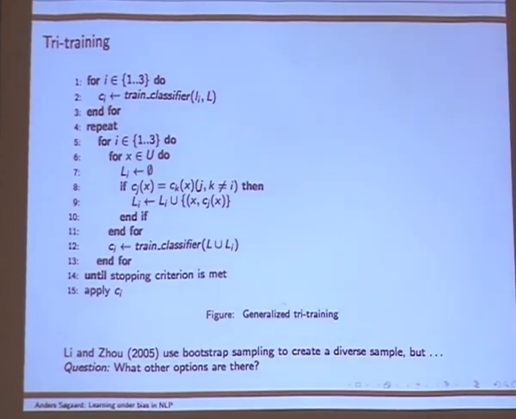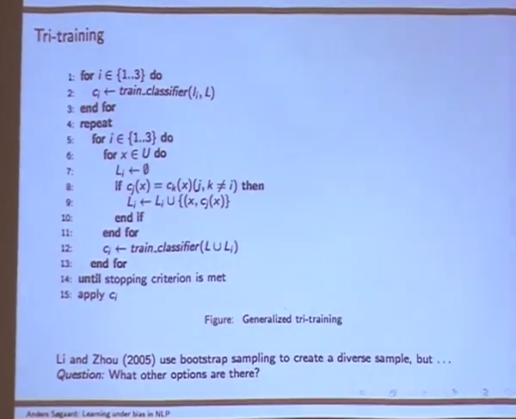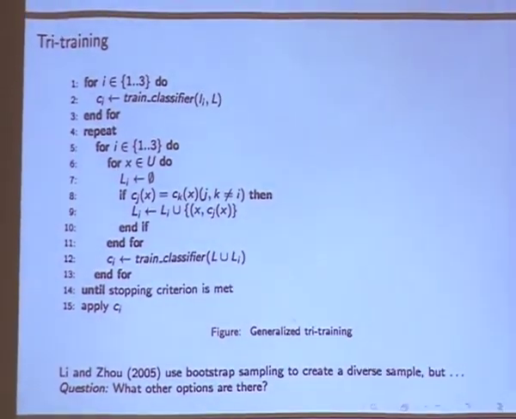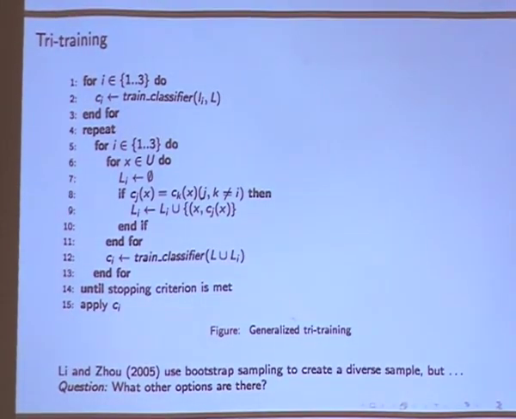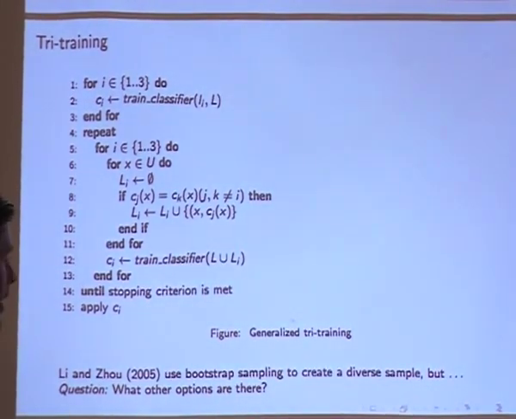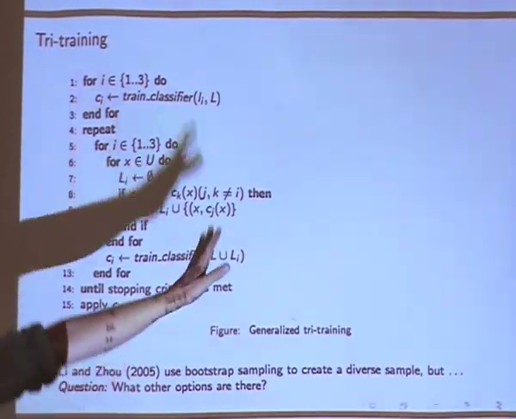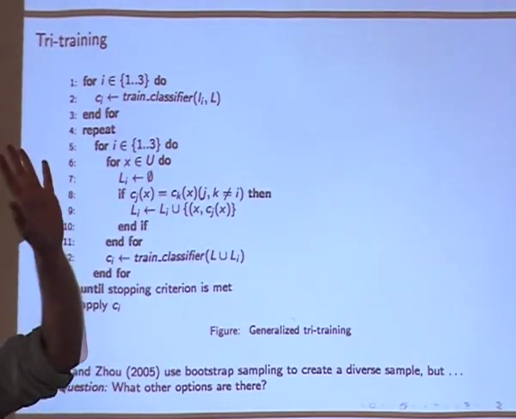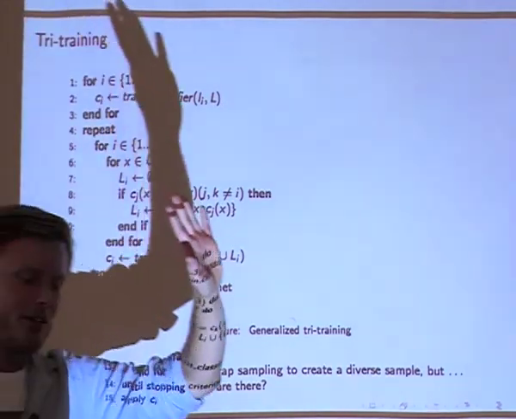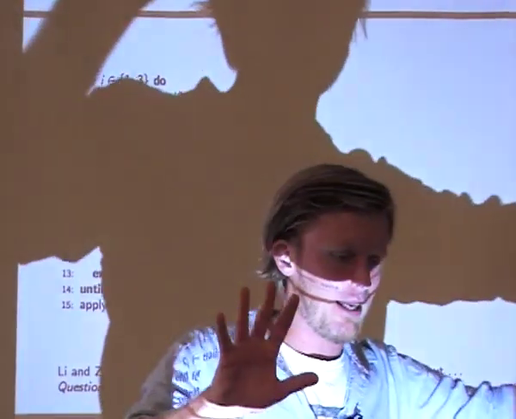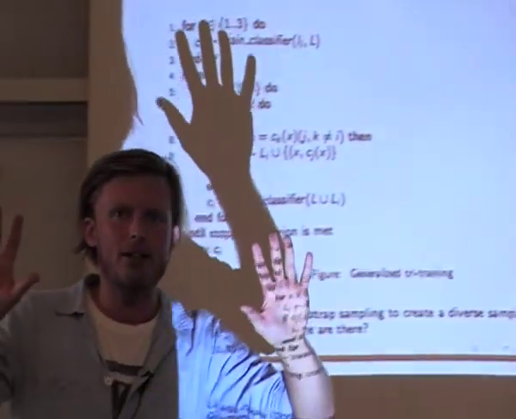So remember that back in co-training, just like in self-training, we have a selection criterion, and we have how long you run for as a parameter. In tri-training, the intuition is very simple. So what tri-training is really about is you take three classifiers.